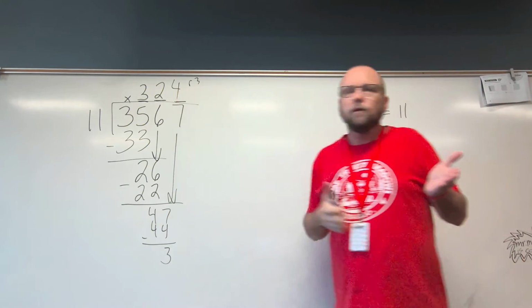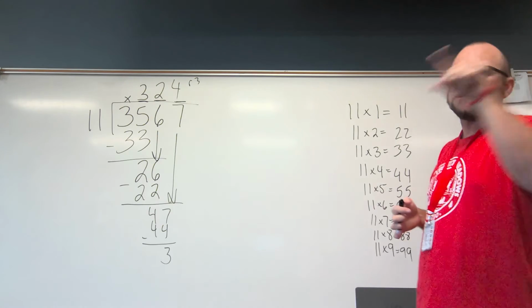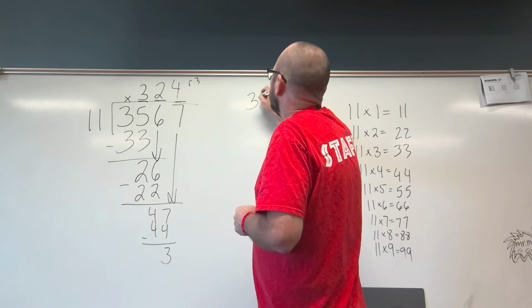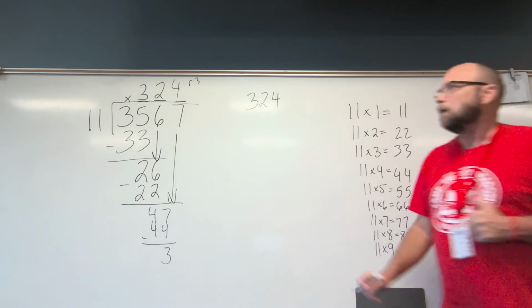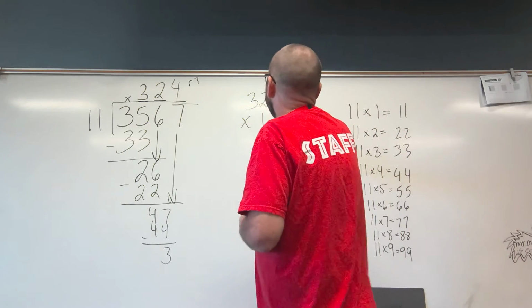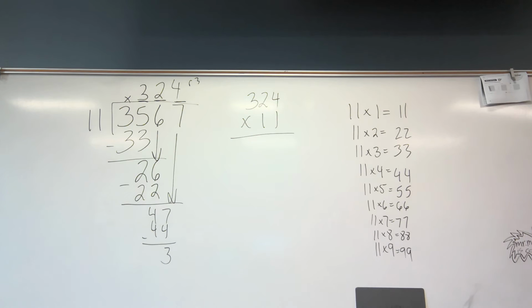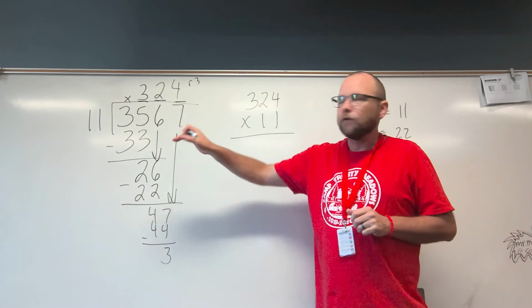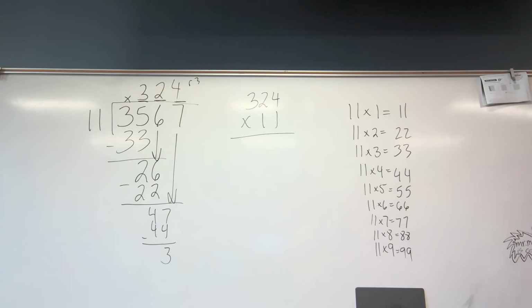So I'm going to do the inverse operation of division, which is multiplication. I'm going to take 324, which is my quotient, and multiply it by 11, which is my divisor. And then whatever I get, I have to add my remainder to it. If I did everything correctly, my product should be 3,567.